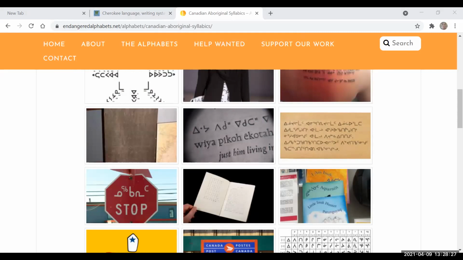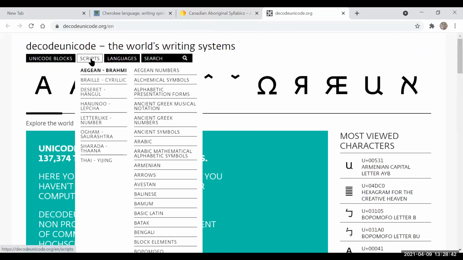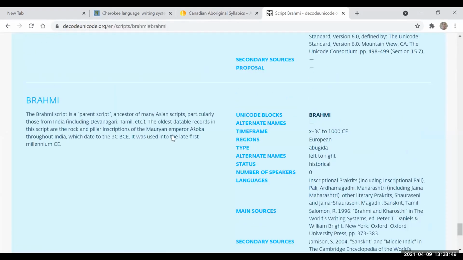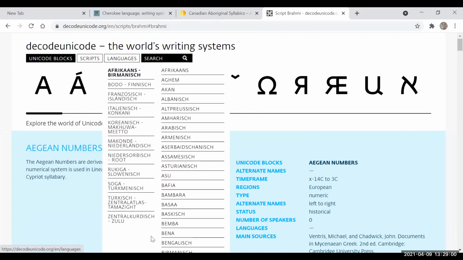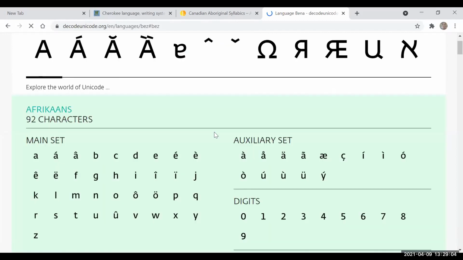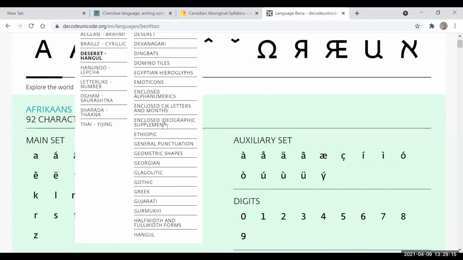Oh yeah, and then just a few more, like worldswritingsystems.org. Decode Unicode is a really cool website where I will show you. So if you go to scripts, let's just do Georgian because I can see that one.